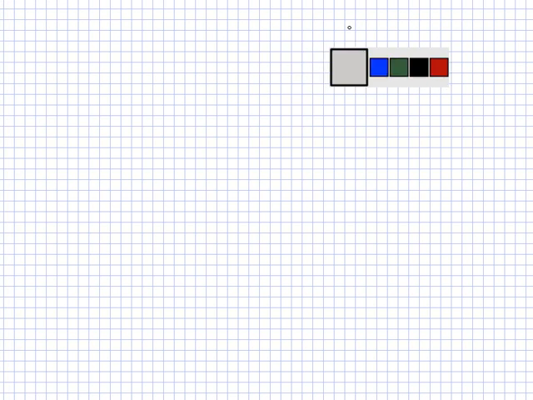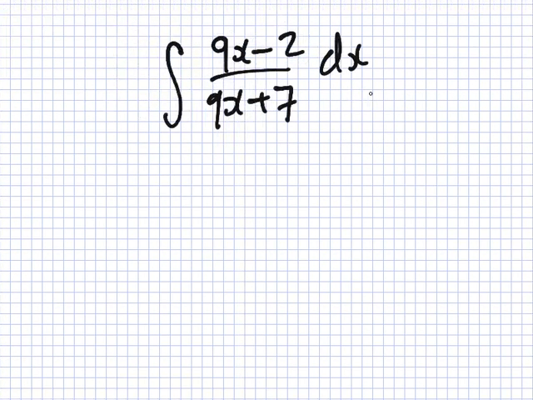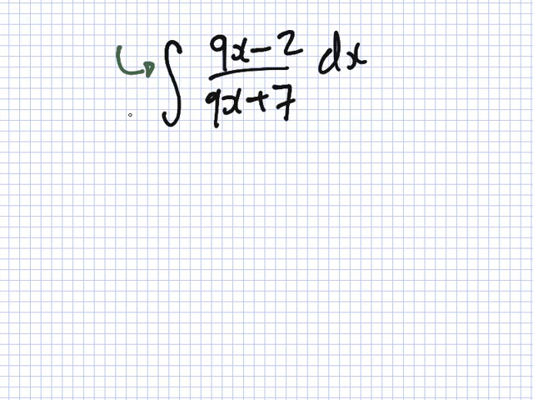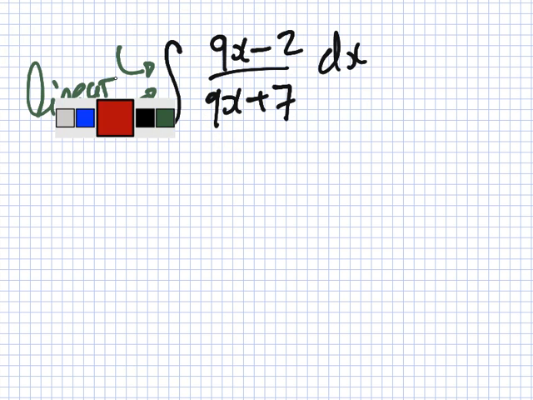So the good news is for our next example is when we have something like this. And this is a linear and a linear. And for these, the good news is there doesn't need to be a relationship.